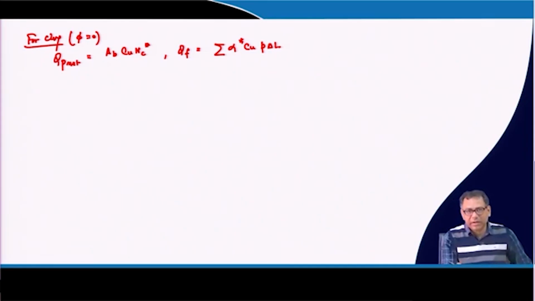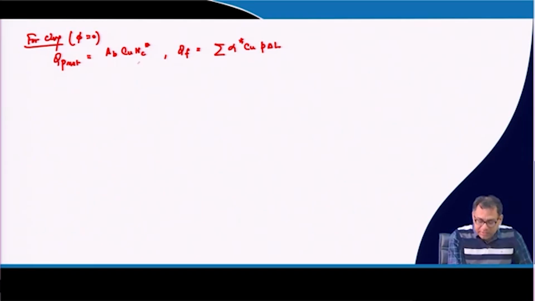Okay, we have taken the summation because for different layers we have to determine the Q F and then add. Here N C dash is taken as 9 like the pile foundation, and A B will be pi D0 square by 4.